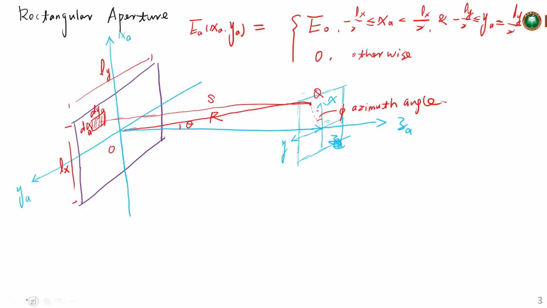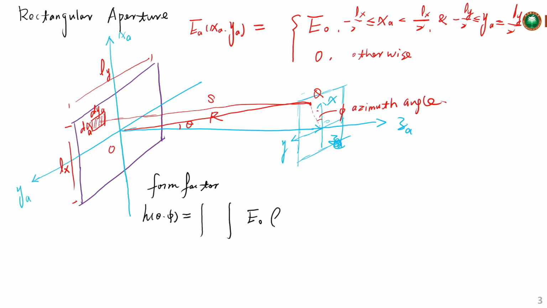The form factor can be expressed as the integration of that one, and Ea becomes E naught.